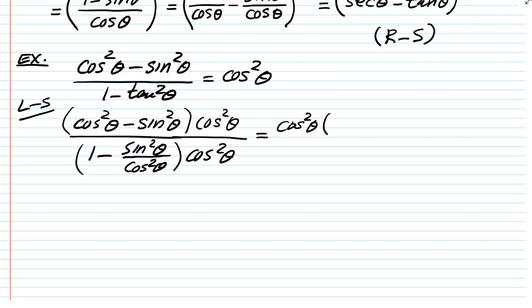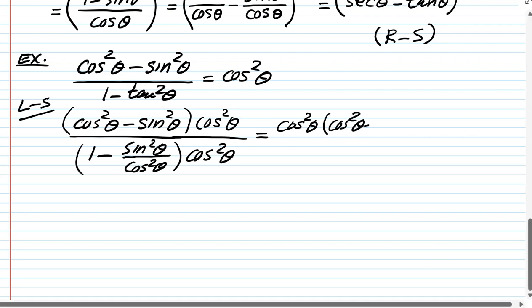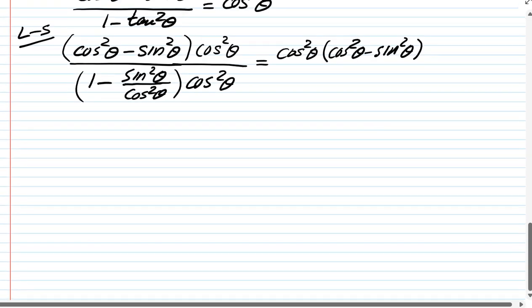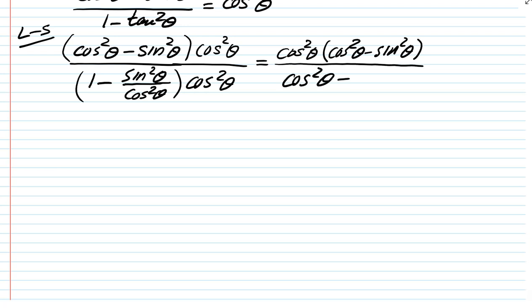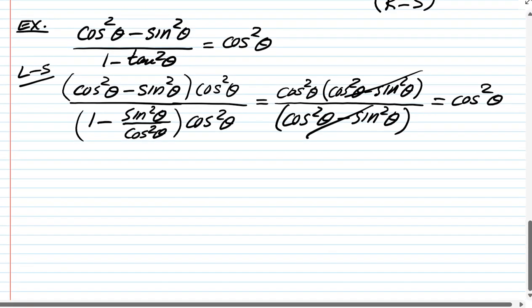And that's going to be what it was, divided by, in the denominator, I'm going to get cosine squared minus sine squared, right? Distribute. That's what I'll get. And then cross out the common factors, and there is a solution. Boom. See how simple that was? So that's one way of doing it.